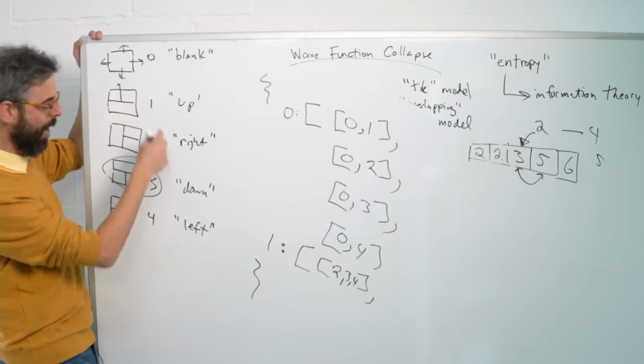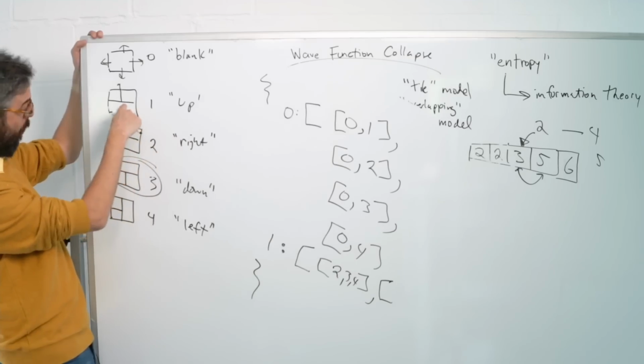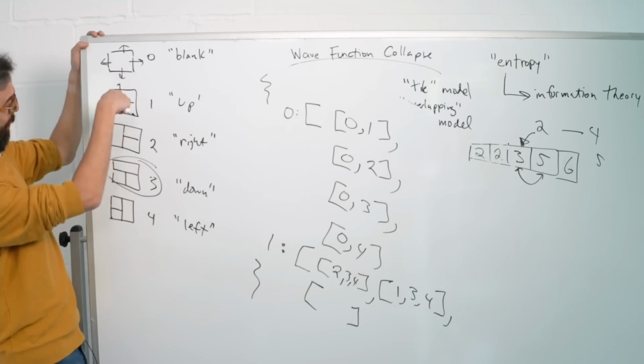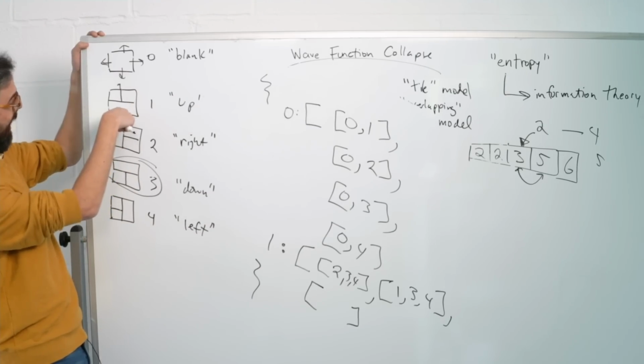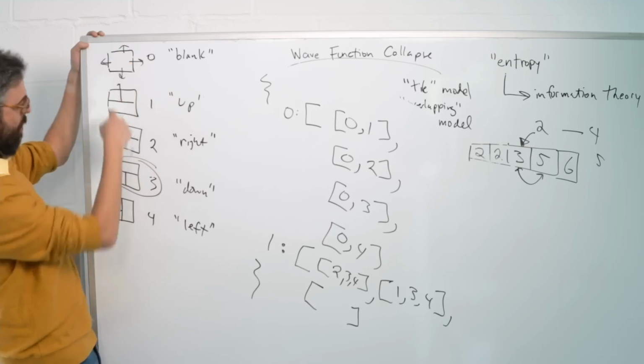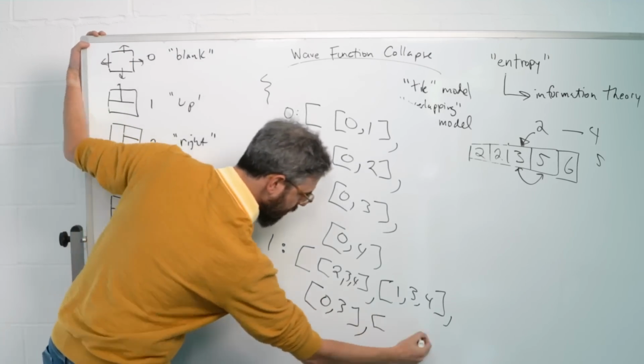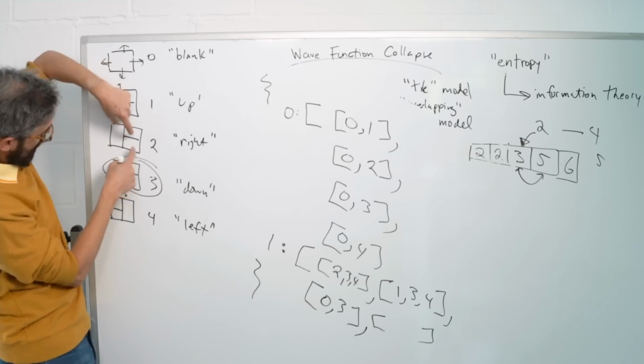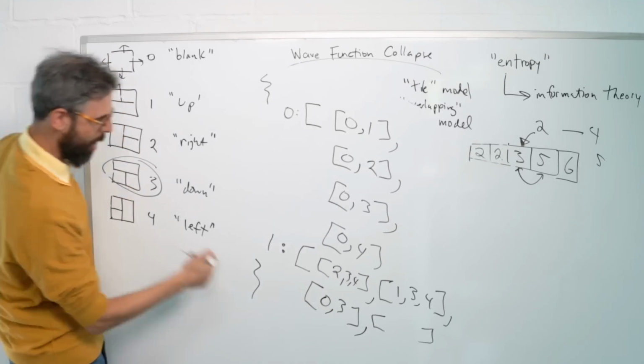Tiles that could go to the right are another 1, 3, or 4. That could connect below. Below is blank, so it could only be a 0 or a 3. And then to the left, what tile can go here? 2 can, 3 can, or another 1.